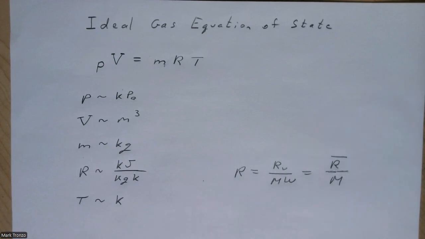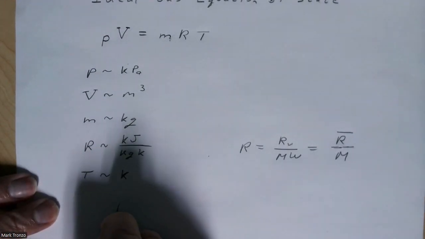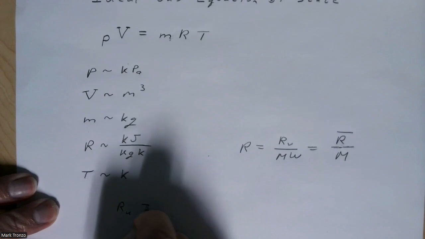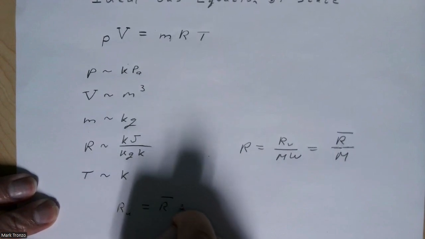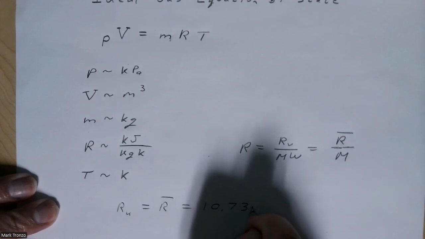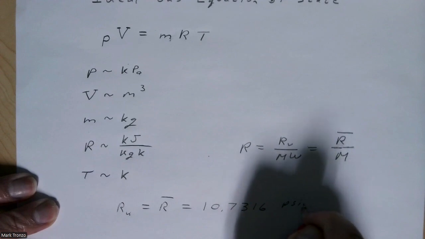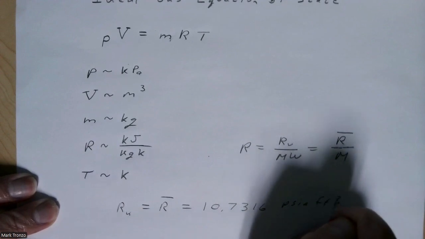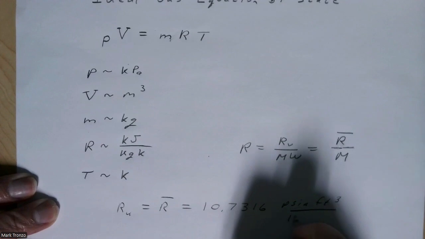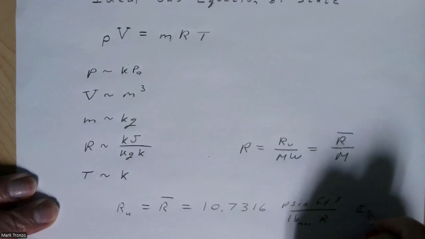And so, in general, the universal gas constant, again, RU or R bar, is given by 10.7316 psi a foot cubed. Now, this is going to be for English.